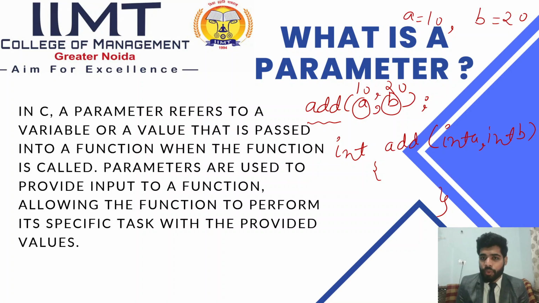Where will these two values be stored? If the function add has to use these values, it has to store them. So the value of a will be stored in int a and the value of b will be stored in int b. These values are transferred here, which means it will now contain 10 and the other will contain 20. These values are transferred to these variables.